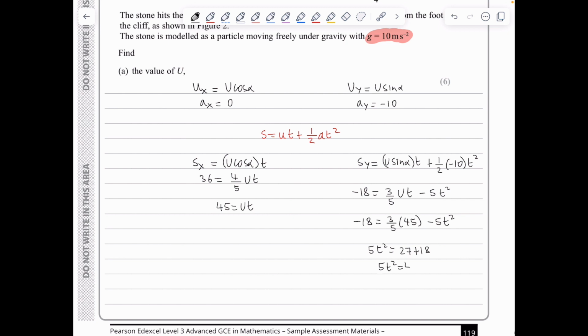So t squared is 9, and therefore t is 3. Now, once we've got that t is 3, the time, I can go back to 45 is equal to ut and simply say that 45 is 3u, and therefore we get that u is 15 meters per second.